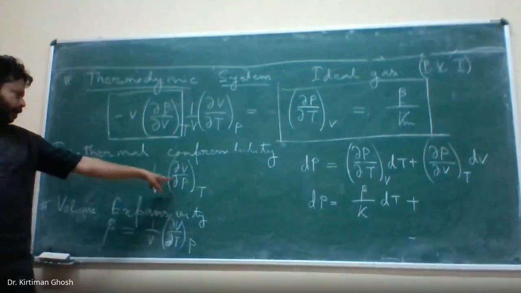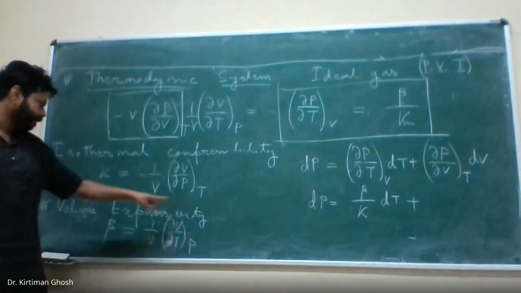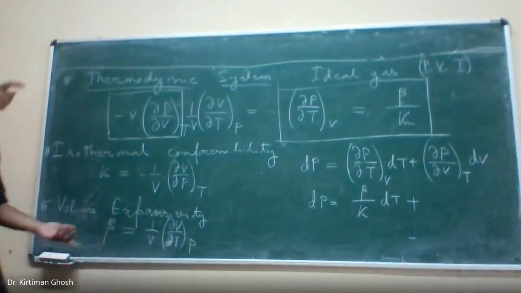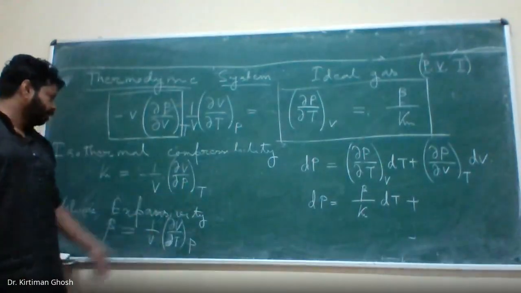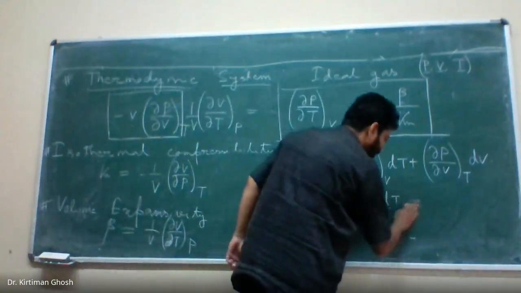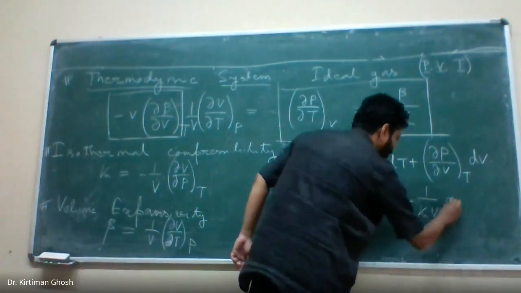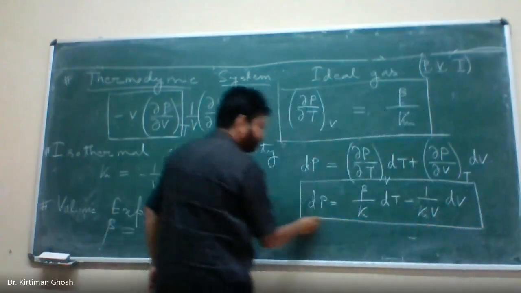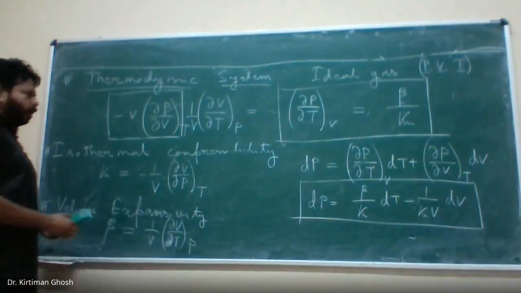See, (∂V/∂P) at constant T is minus kappa V. So if I invert that by using the law I have just derived, (∂P/∂V) at constant T will be nothing but minus 1 over kappa V dV. So I obtained this relation.